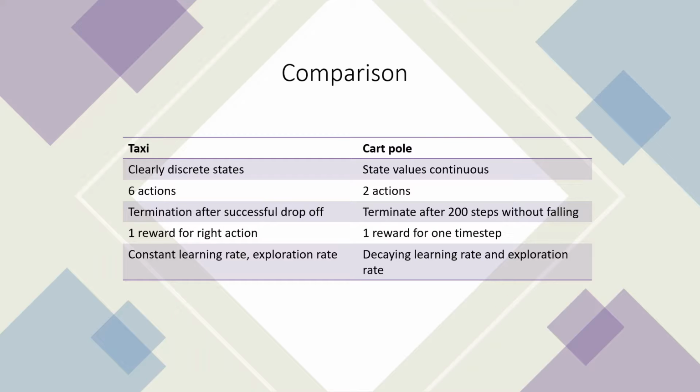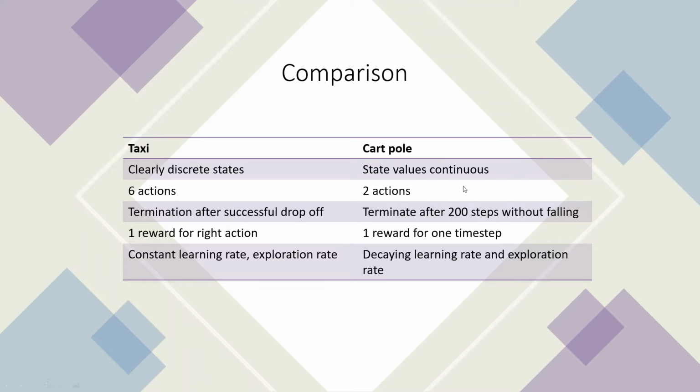The comparison between the two problems is stated in this table. The taxi problem has discrete states and the cart pole has continuous state values. The taxi problem has 6 actions, whereas the cart pole only has 2 actions, that is to go left and right. In the taxi problem, our program terminates after a successful drop-off.